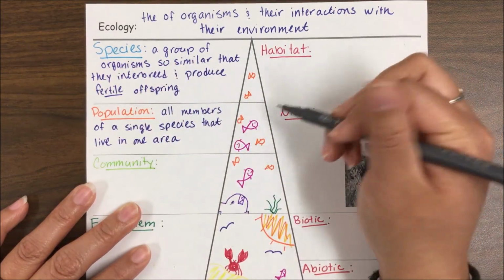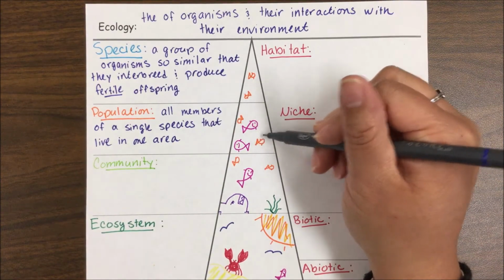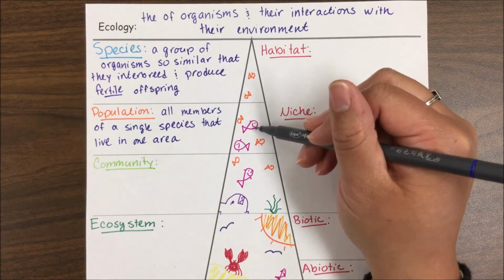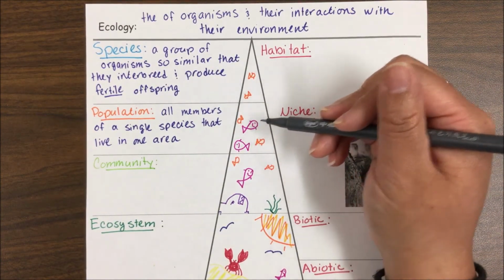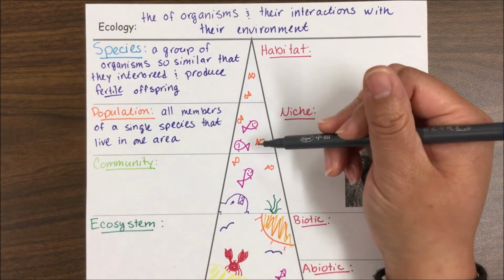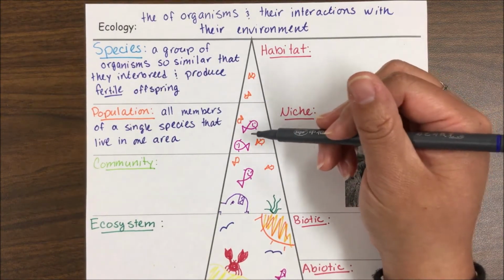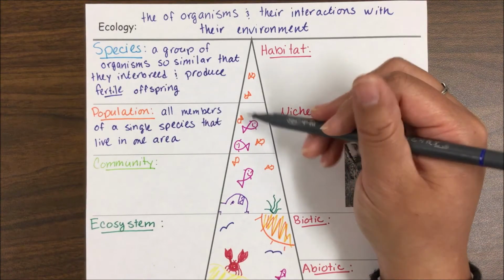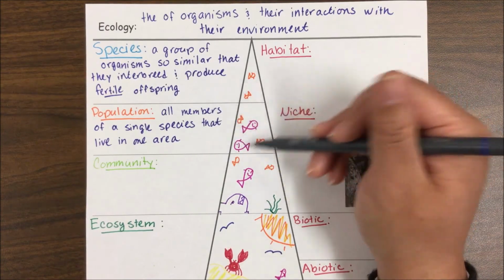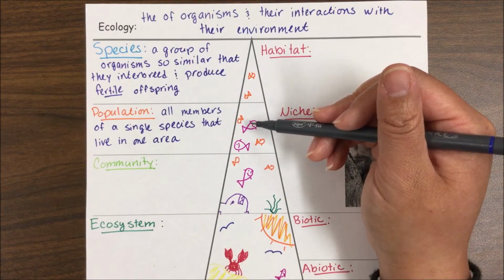I drew the pink fish and the little orange fish, and my pink fish are a little bit bigger. Sometimes males are bigger than females or vice versa, sometimes you have different colors, things like that. So our population is all the members of a single species that live in an area.